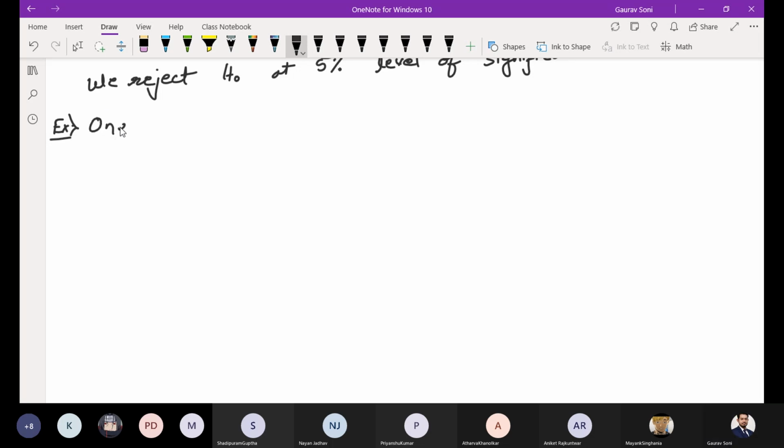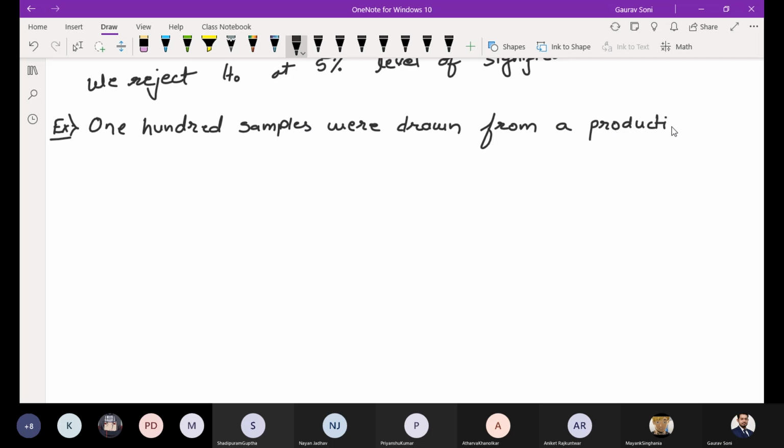100 samples were drawn from a production process, each after 5 hours.